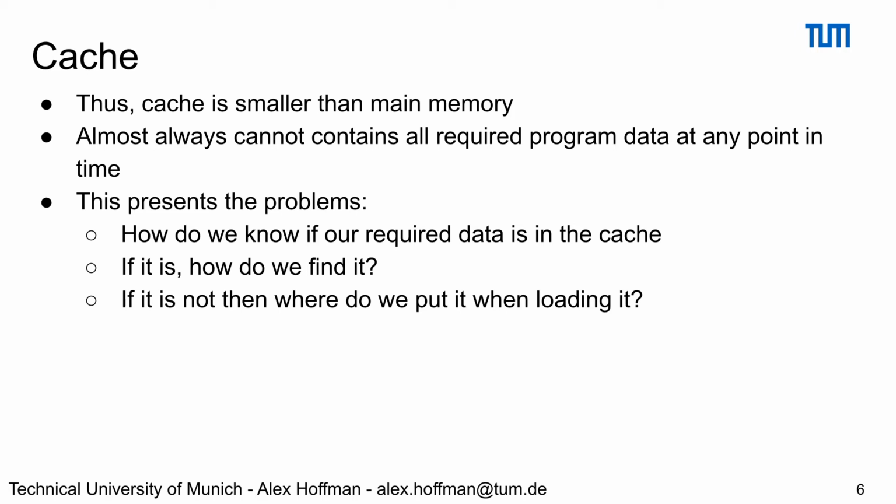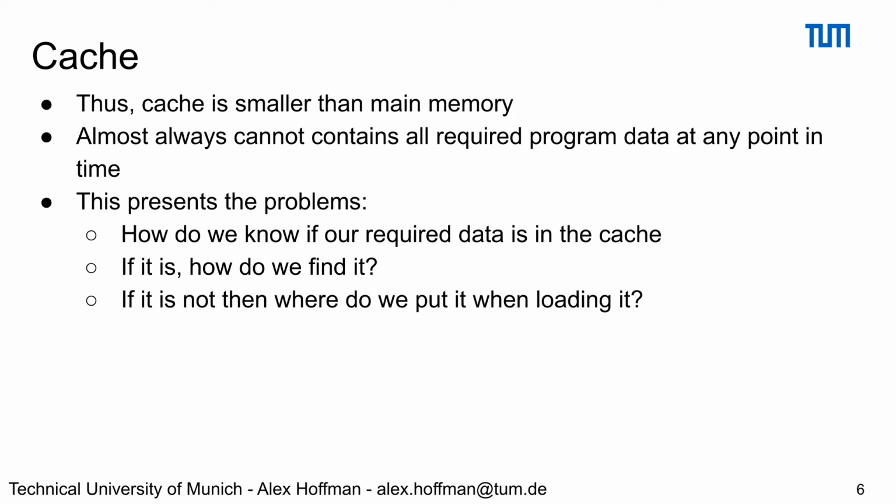So this means we need solutions to the problems of: how do I make sure that the instructions I want are in cache when I need them? How do I go into main memory and get the instructions when I need them? And for instance, even if I've updated my array in cache, I need to put it back into main memory so that I have valid values everywhere. These are the problems that cache presents to us.